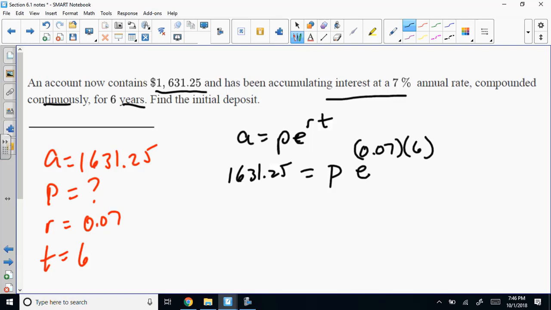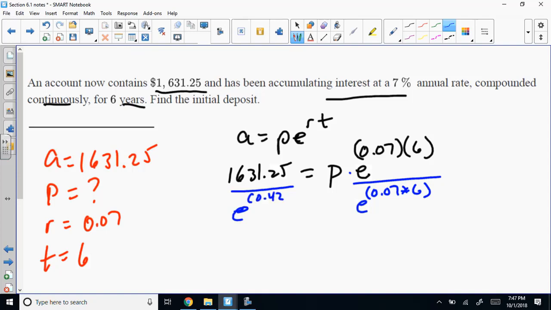All right. So what are you going to do first? Can't subtract. Divide. Yeah, divide, because it's P times, so we'll just divide. You could do 0.42, right, if you wanted to. The 0.07 times 6 is 0.42.